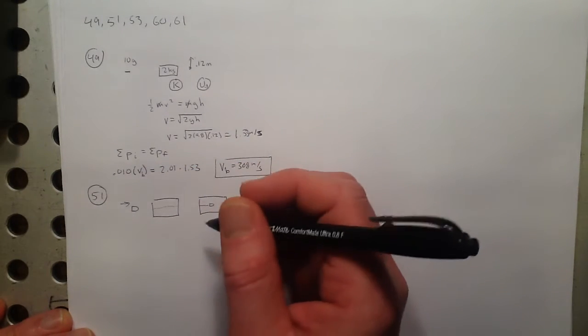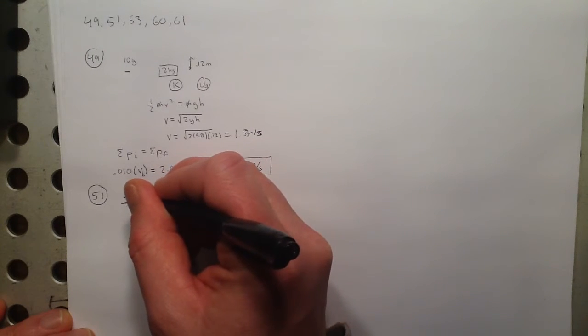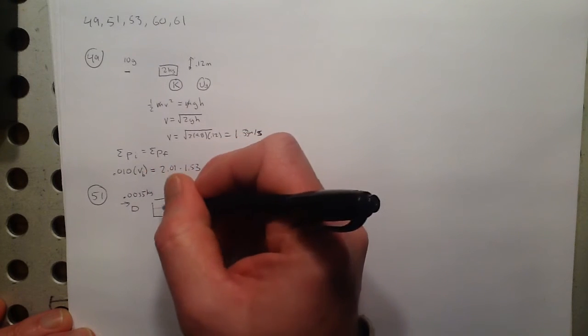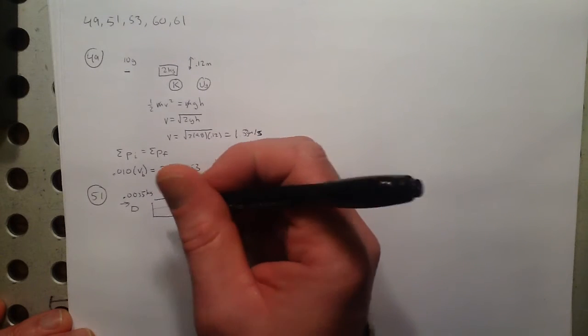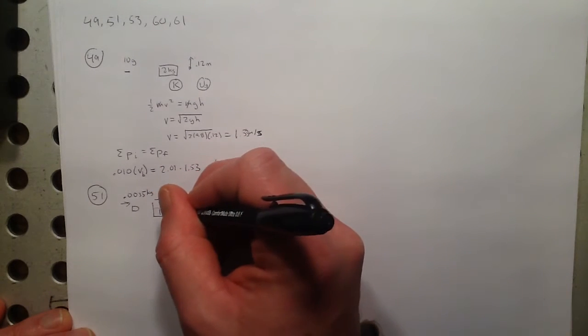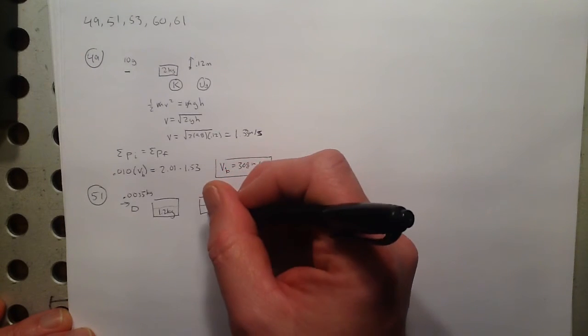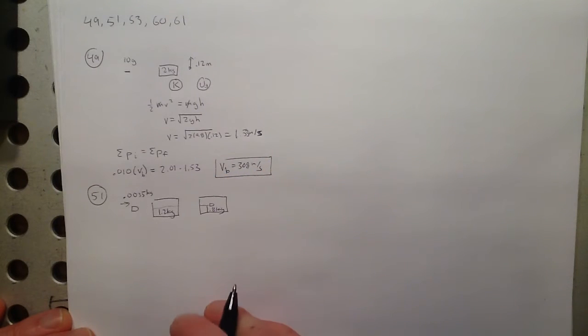And let's see what they're going to tell us here. The bullet has a mass of 0.0035 kilograms. The bullet passes through block 1, which has a mass of 1.2 kilograms, and embeds itself in block 2, which has a mass of 1.8 kilograms.